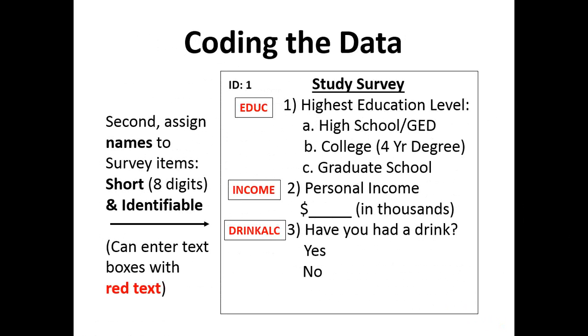Within the text box, we entered the name, and we made it bold and in red so it stands out. So there are several ways of making a data dictionary, such as making grids and things like that. But I find if you keep it looking like the study survey, it's easier to reference the survey to find the items you need.